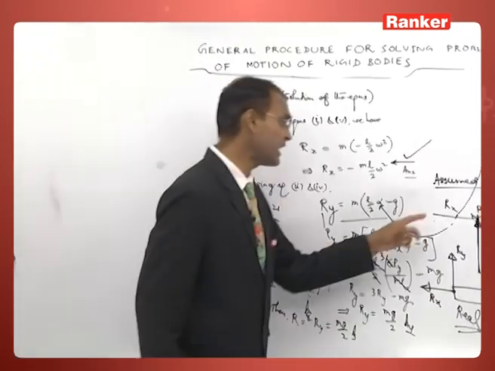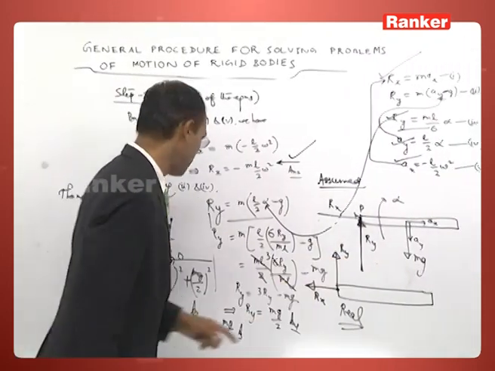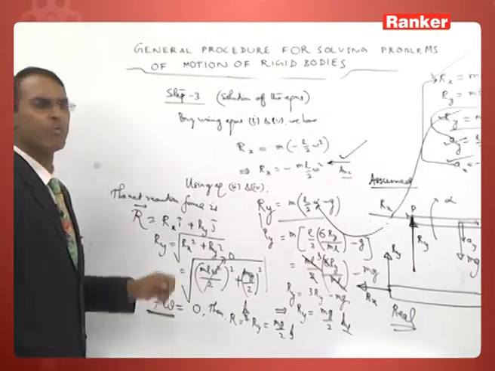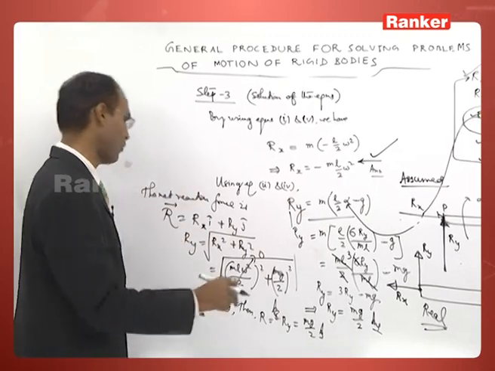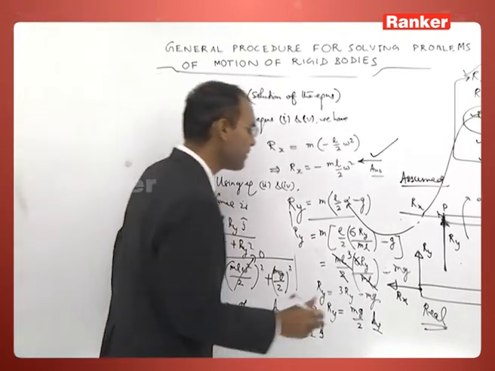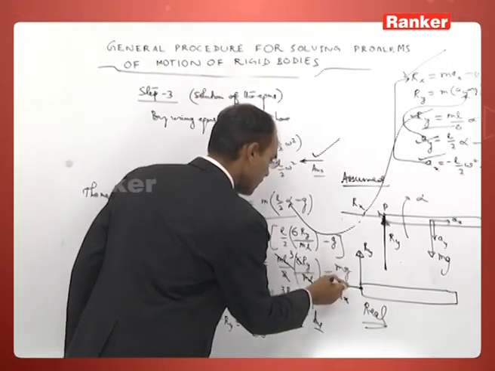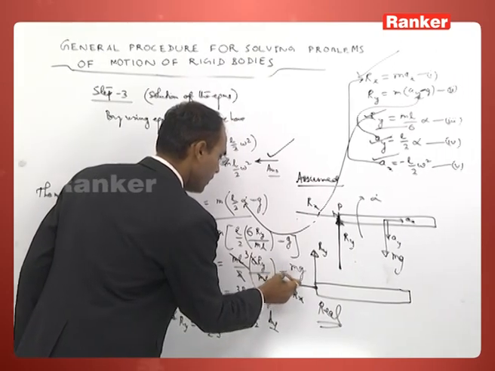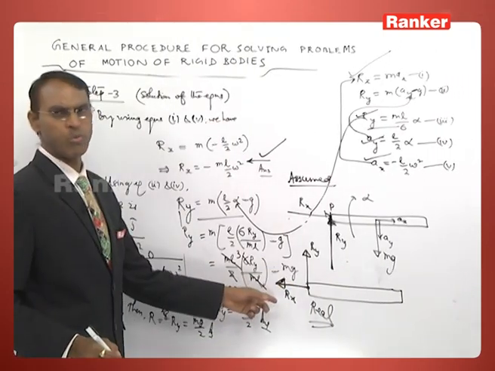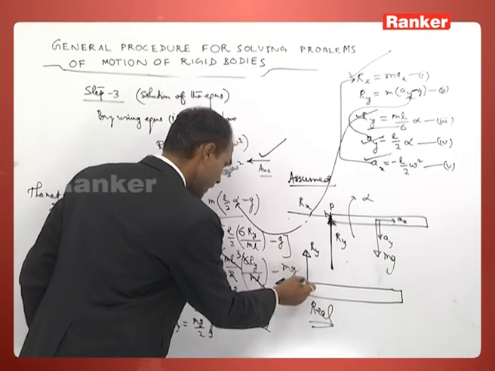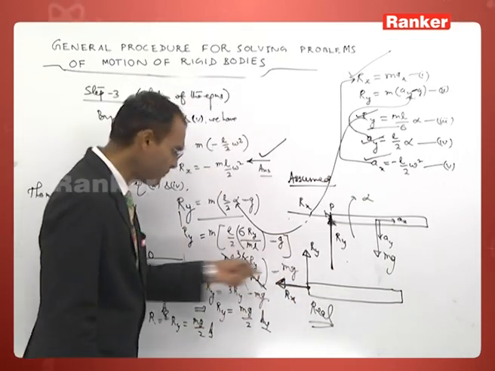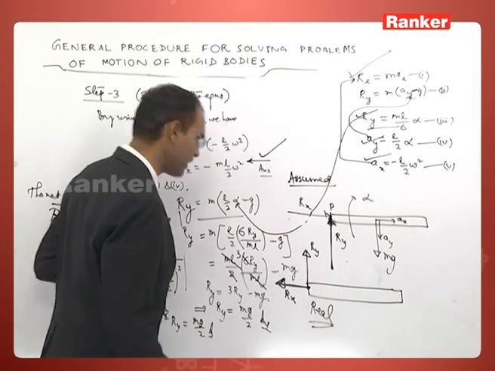If the rod is released from rest, then omega is 0 at the given position. If the angular velocity of the rod is non-zero, then we must have the horizontal component of the reaction force, acting along the rod in the negative x direction, a pulling force. The pivot will pull the rod in this direction.